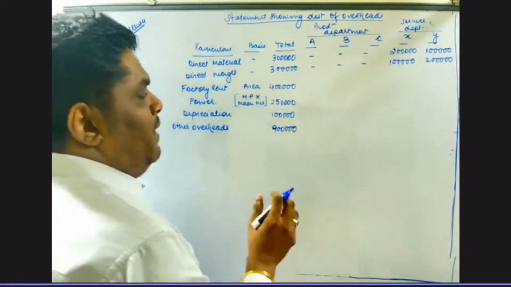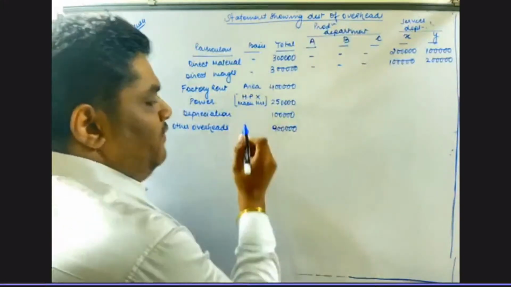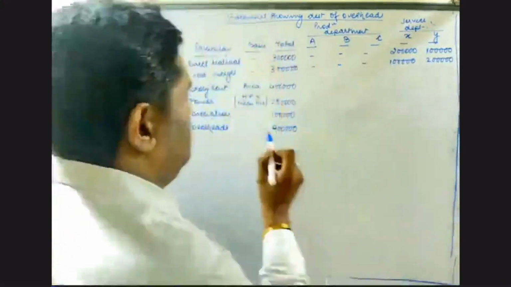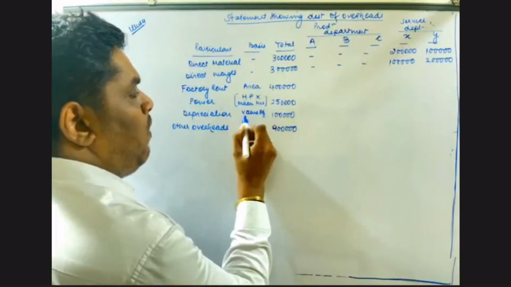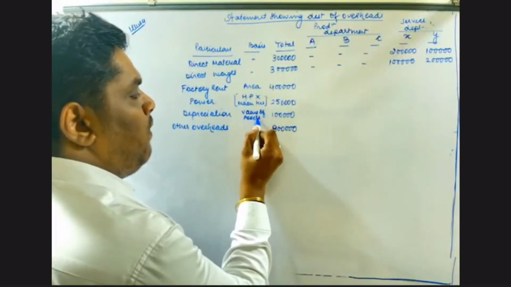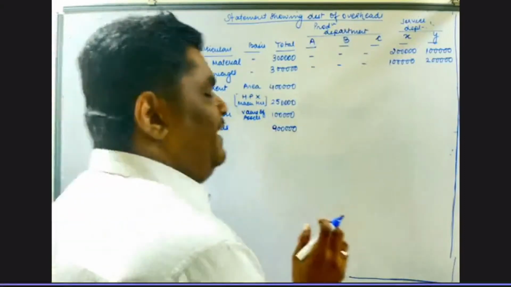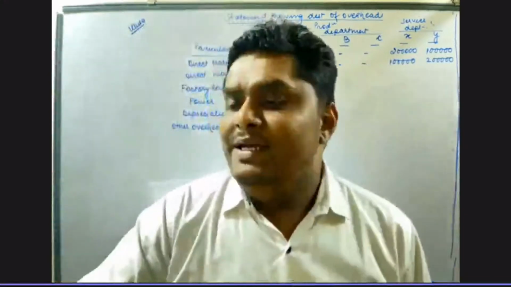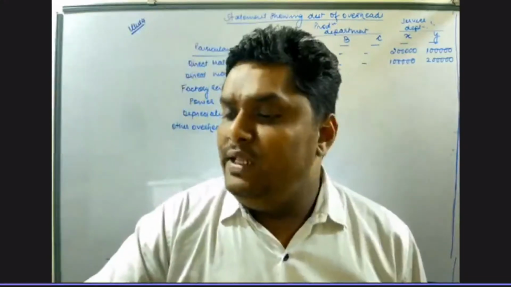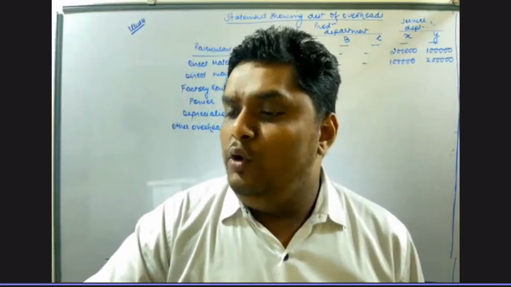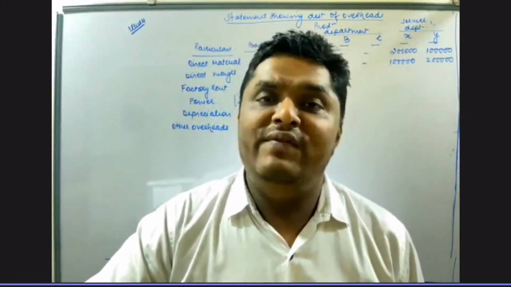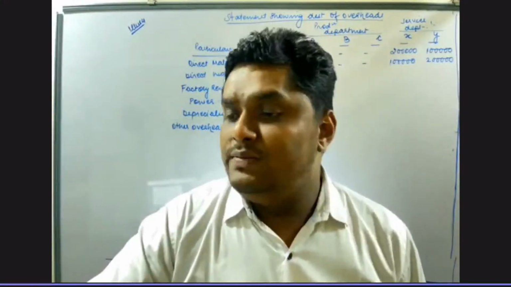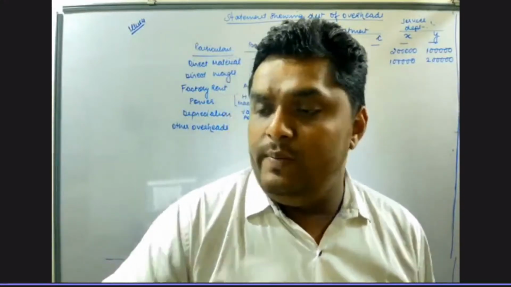When talking about the depreciation, we will distribute in the ratio of capital value of assets. And when talking about other overheads, since the labor hours are not given in the question, we will distribute it in the ratio of machine hours. If the labor hours are given, then we give priority to labor hours, but since labor hours are not given, we'll be using machine hours.